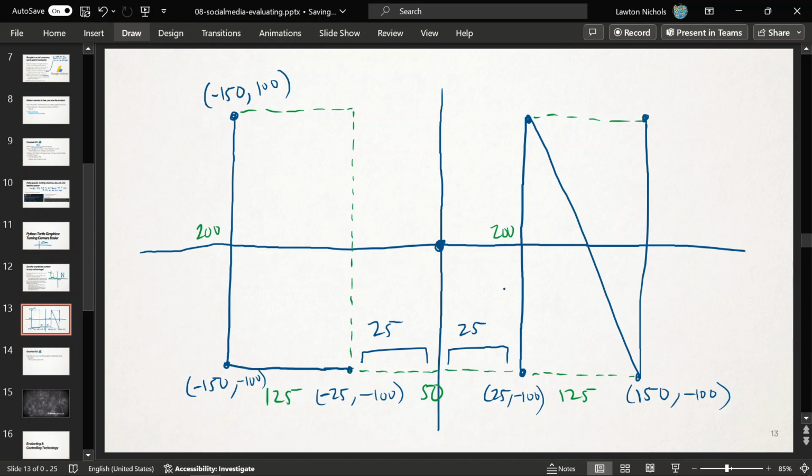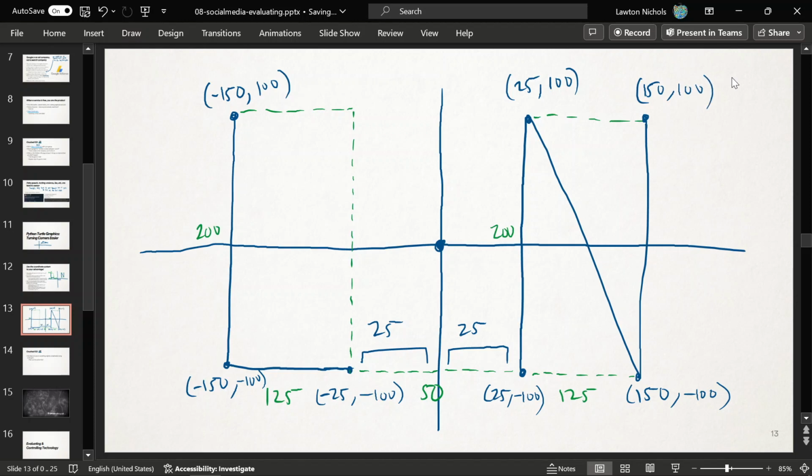And then if I go up from here by 200, I know that this is going to be 25, and we've added 200 to the y, so it's going to be positive 100. And likewise, this is going to be the same x as this one and the same y as this one, so it's going to be 150, 100.